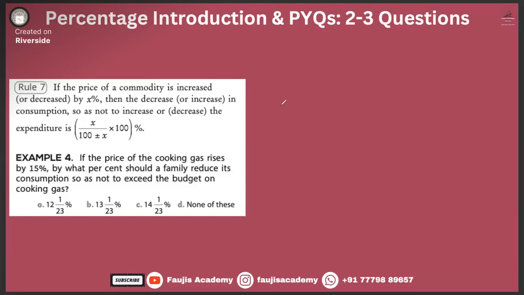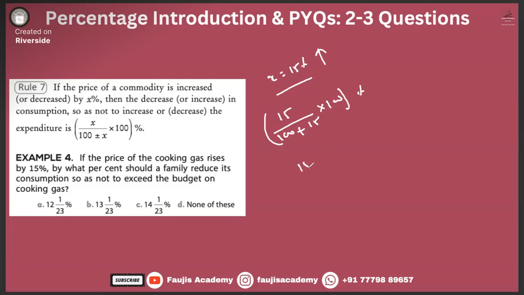If the price of cooking gas rises by 15%, so X is equal to 15 over here. The price has increased, so we will use the plus sign, into 100%.